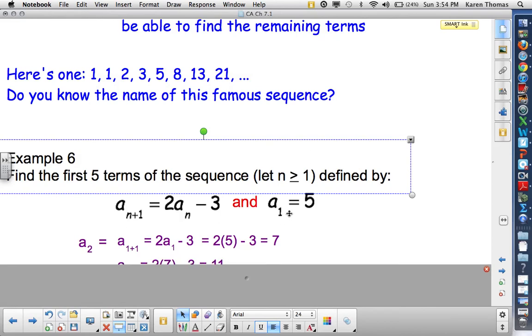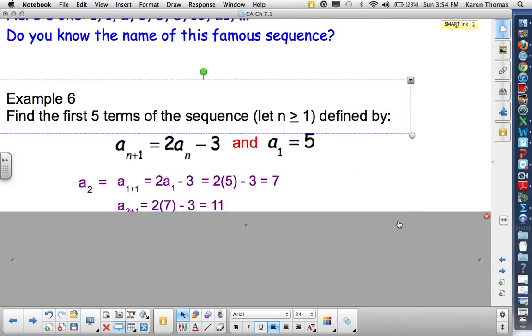So let's go ahead and see how this works. I have a sub 1 is equal to 5. What I'm going to do here is find my second term, my a sub 2, because I already have a sub 1. A sub 2 is actually equal to a sub 1 plus 1. See, this is n right here. So what I'm going to do now is put 2 times a sub 1 minus 3.